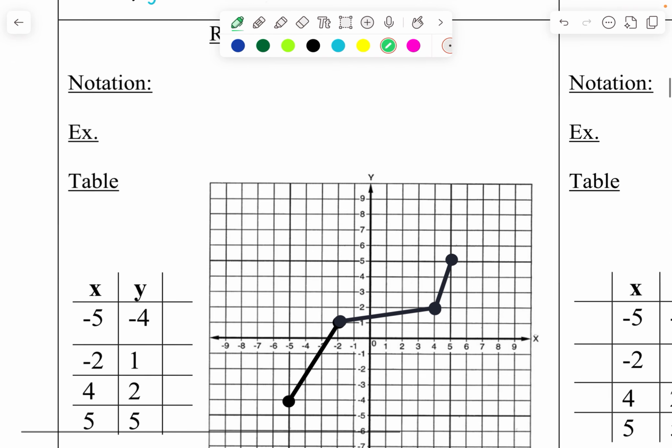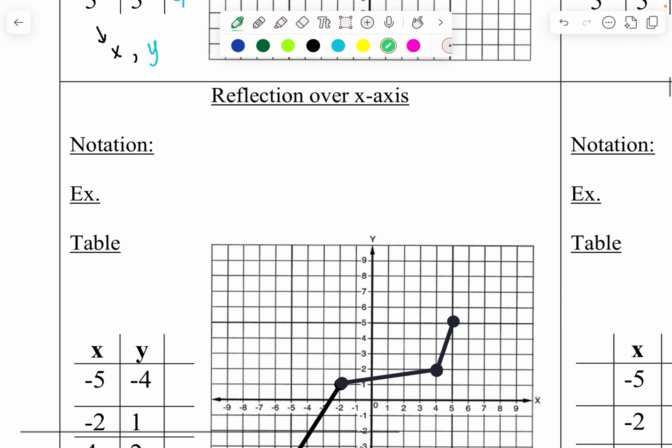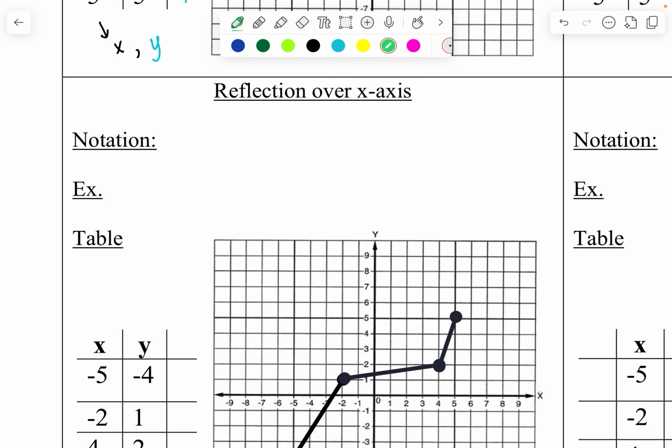All right, coming back here. Now we're looking at reflection over the x-axis. Here's what the notation looks like. You have a negative a, so your reflection is here. Your a is a 1 in this case. Negative a times your f of x, your parent notation function.